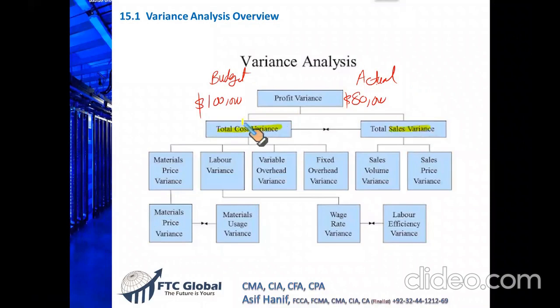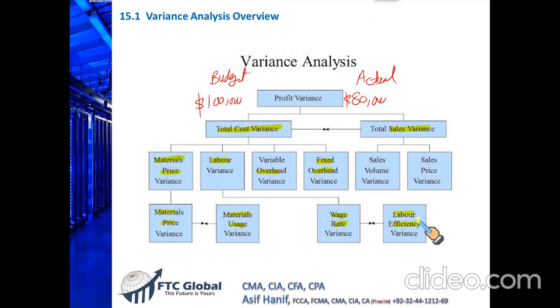Let us first analyze. When you say cost, cost is not just one thing. Cost could be the cost of material, cost could be the cost of labor, variable overhead cost, or fixed overhead cost, right? We will analyze these. And then material variance can further be divided into material price variance and material usage variance. Similarly, labor variance can be further divided into labor rate variance, also called the labor price variance, and labor efficiency variance.